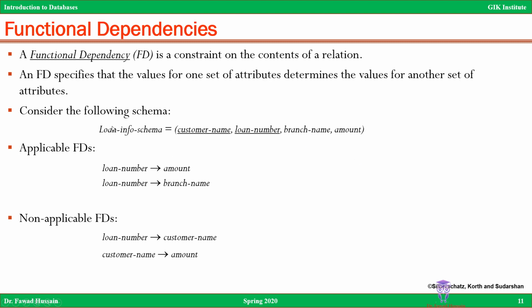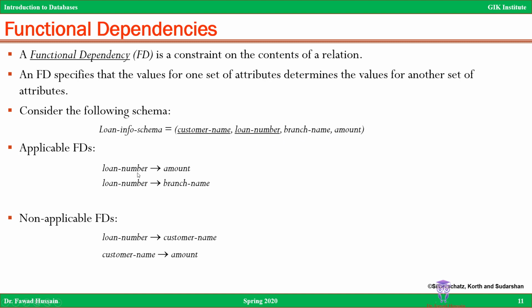For instance, if you look at this table, the loan info schema, this is the name of the table, and the attributes of that table are customer number and loan number, which together form the composite key. Then there are two additional attributes, branch name and amount. So what are the functional dependencies?